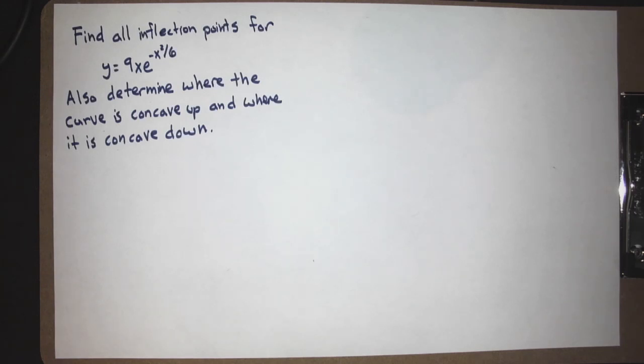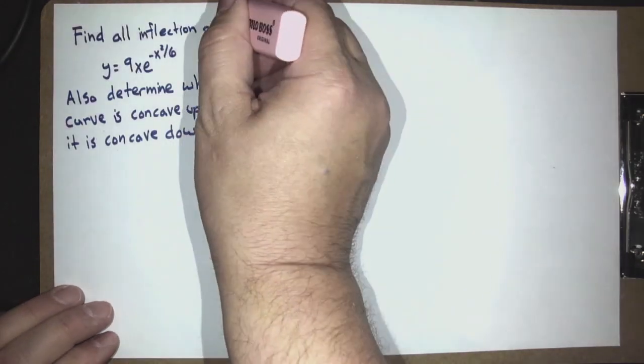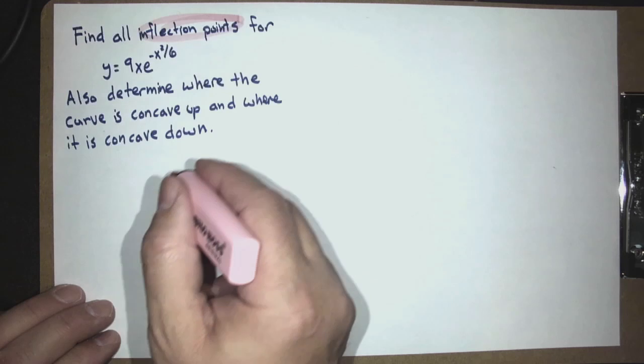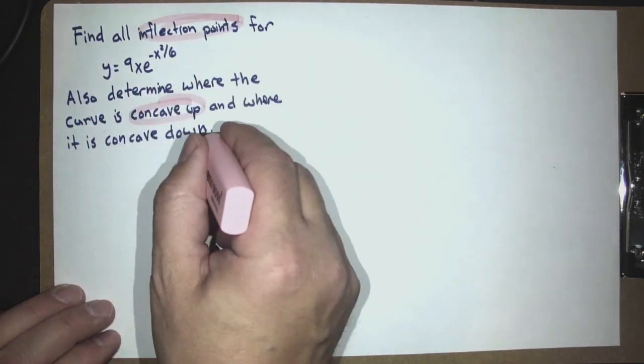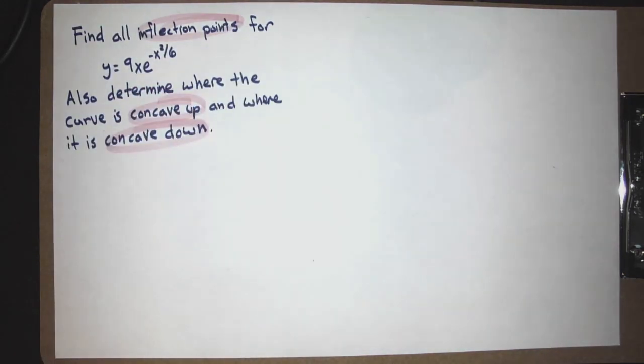Okay, so I have a curve. I see lots of words, but I see words like inflection points and concave up and concave down. Those words tell me what? Now we need the second derivative.